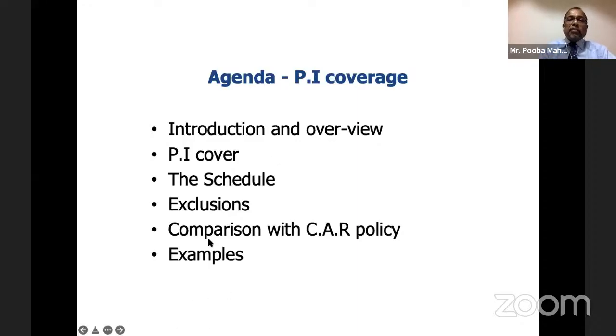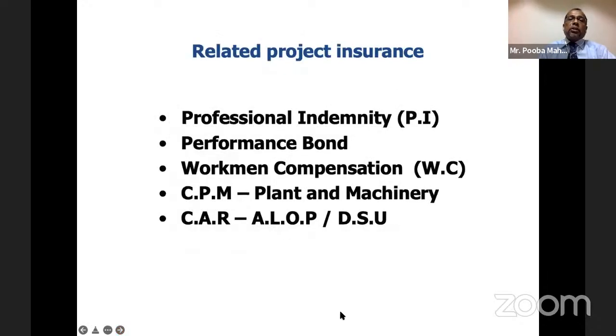I will also finish up with some examples to bring you all to understand the seriousness of the need to arrange insurances. Some of the related project insurances are PI, that's our topic today. There's also the performance bond. Now, performance bond is like a guarantee to ensure that the contractor completes his job.